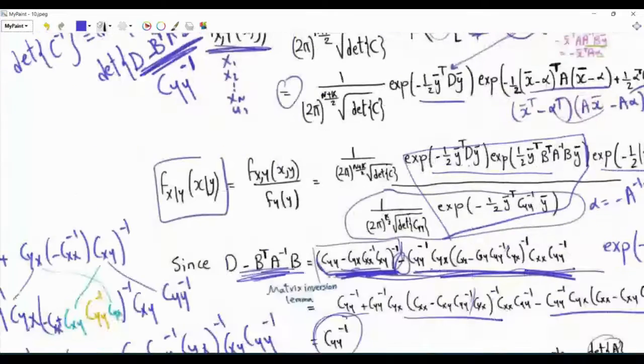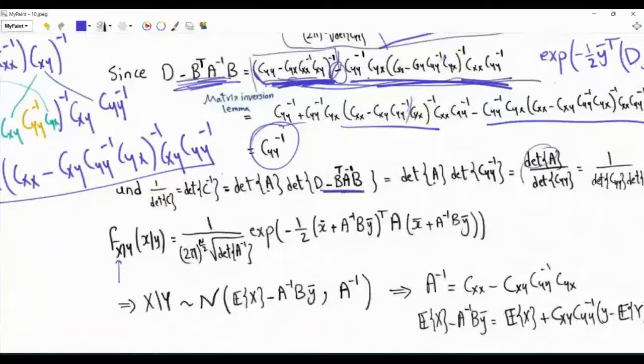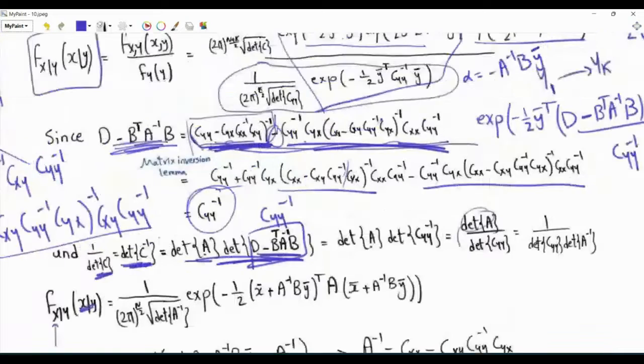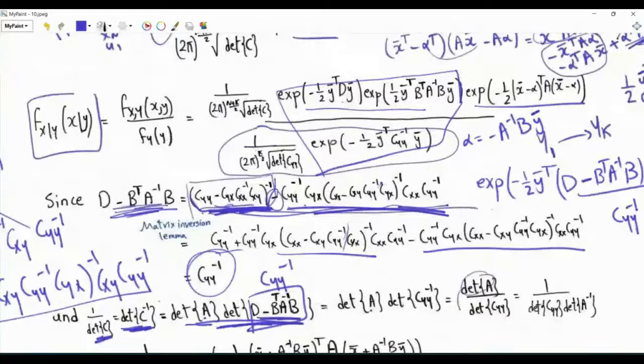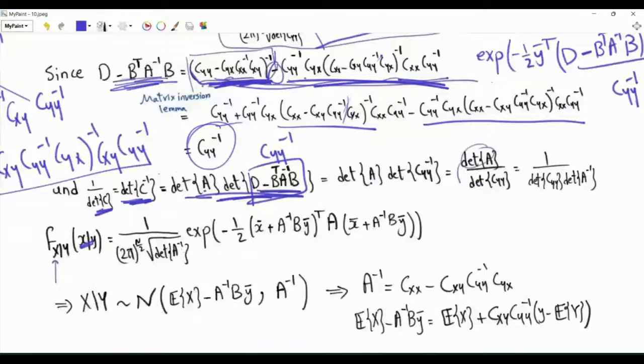Okay, so for the determinants again, we will take the determinant of C. We can write it down in terms of the determinant of the inverse of C, and then we obtain the determinant of C inverse using the blocks A, B, and D, and then this is Cyy inverse. And remember that we also have a determinant Cyy here, and those guys will go away, and we are left with the determinant of A.